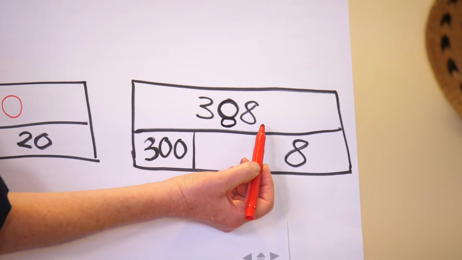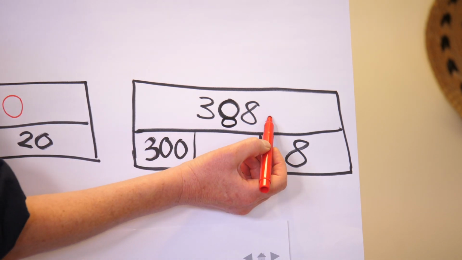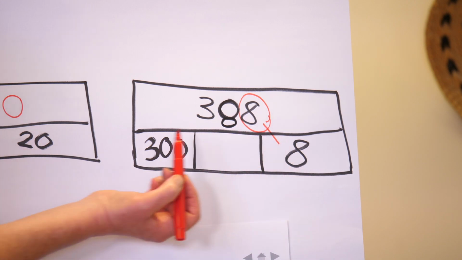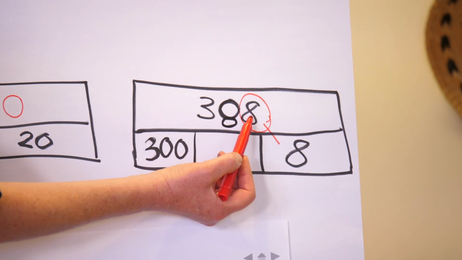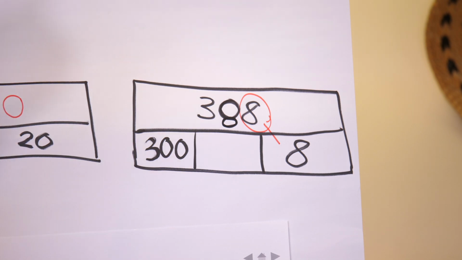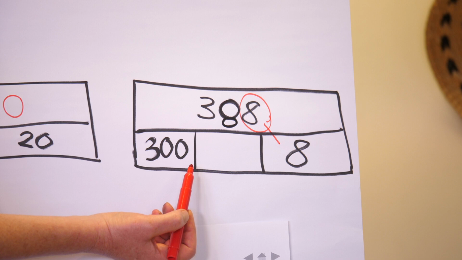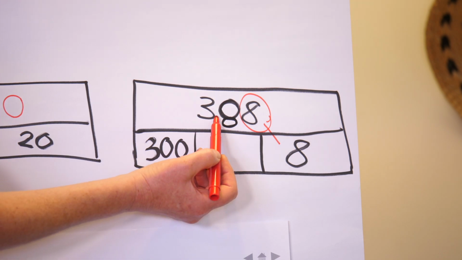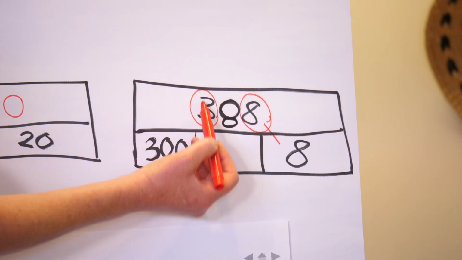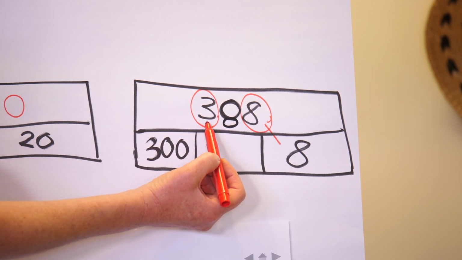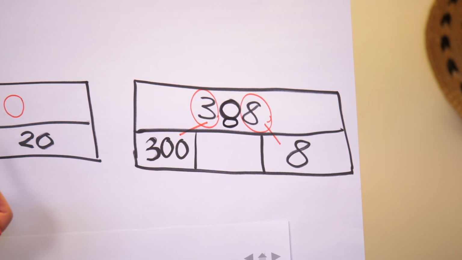What's already here, I can draw on this one, is the 8. I can see that I have used my 8 ones and there they are. Good. I can also see 300 and that's going to be here. This is my hundreds. 300 has already been used.